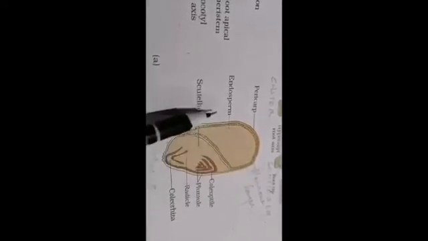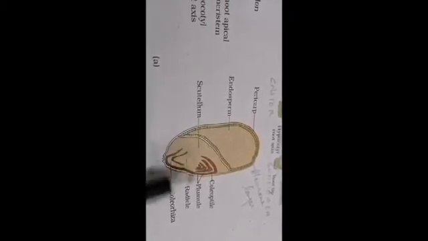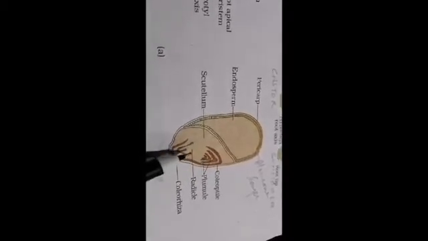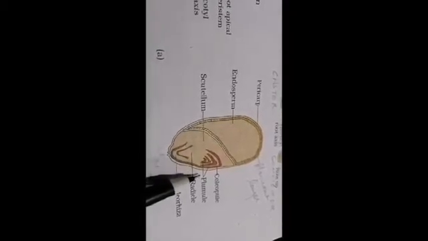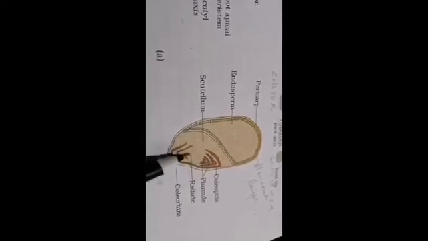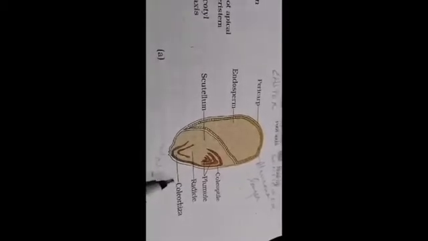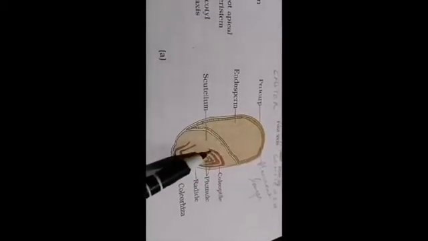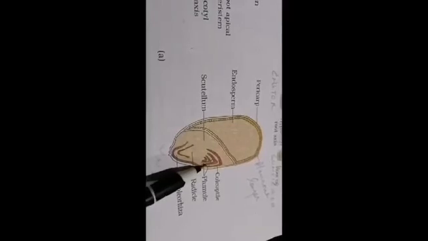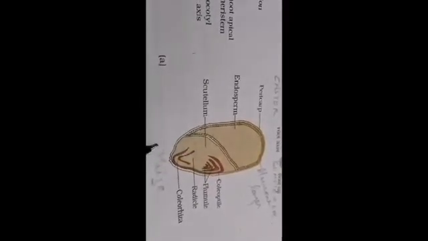And here the cotyledon is called scutellum, and inside this cotyledon what do you find? You find that it has got a plumule which will give rise to your shoot, and a radicle which will give rise to your root, and it has got a covering which is called coleorhiza for the radicle, and for the plumule they have a covering called coleoptile. Okay, this is for your monocot seed, maize.